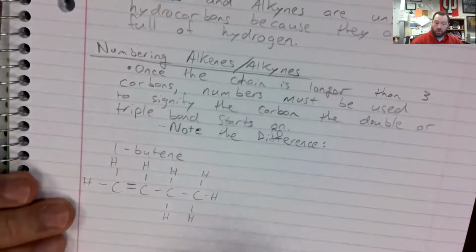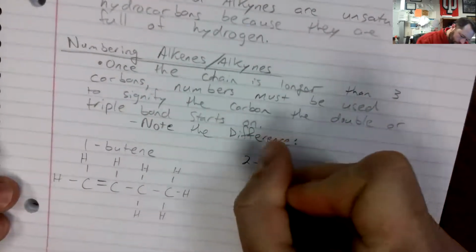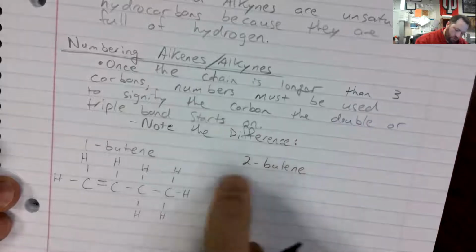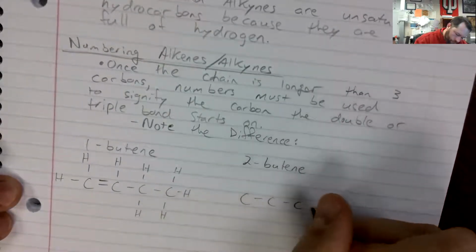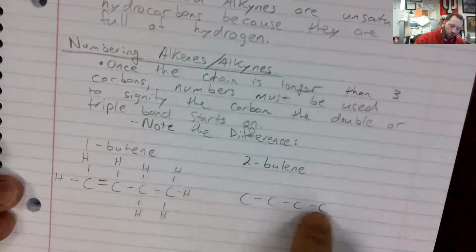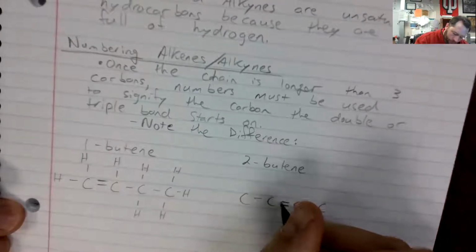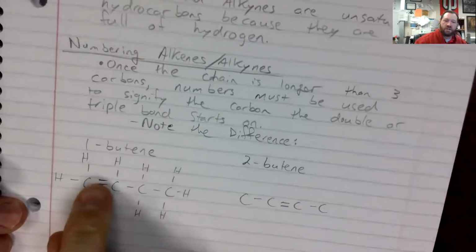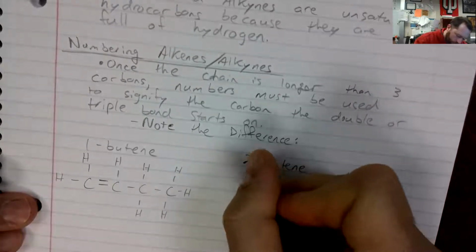So there's 1-butene versus 2-butene. So but tells us there's 4, there's a double bond, but look what that 2 tells us. It's in a different place than the first double bond.